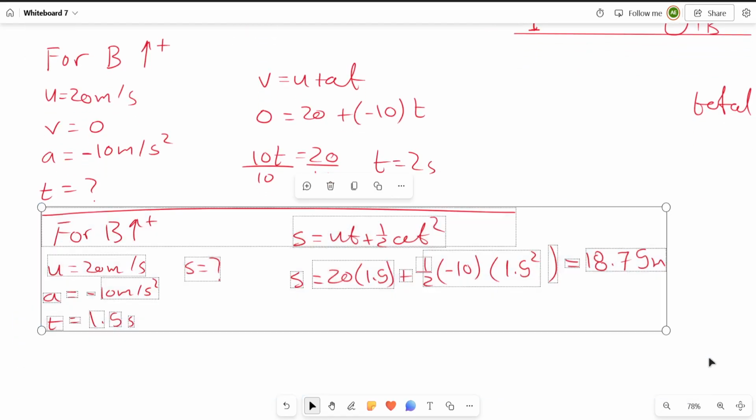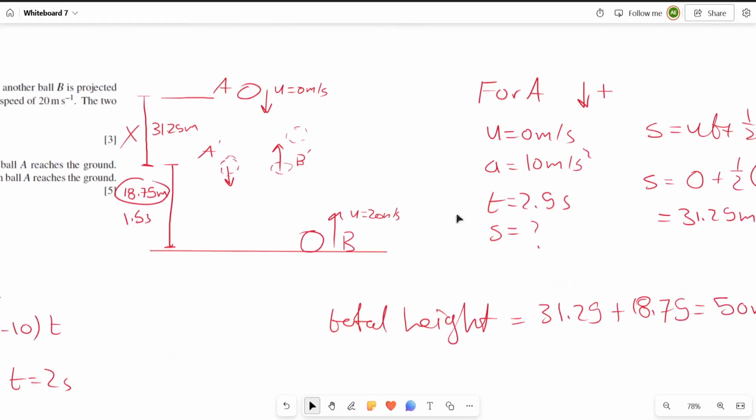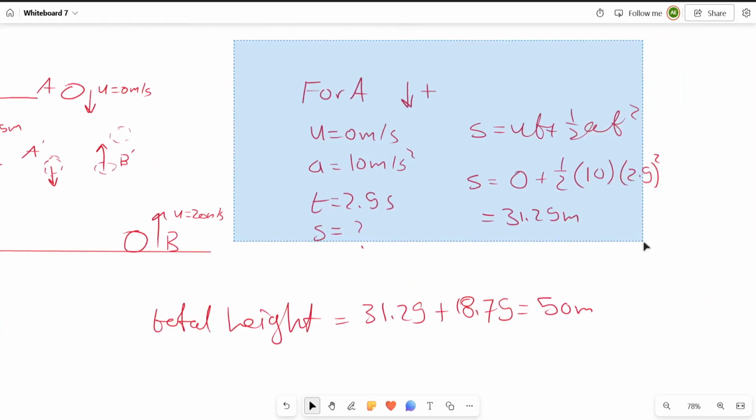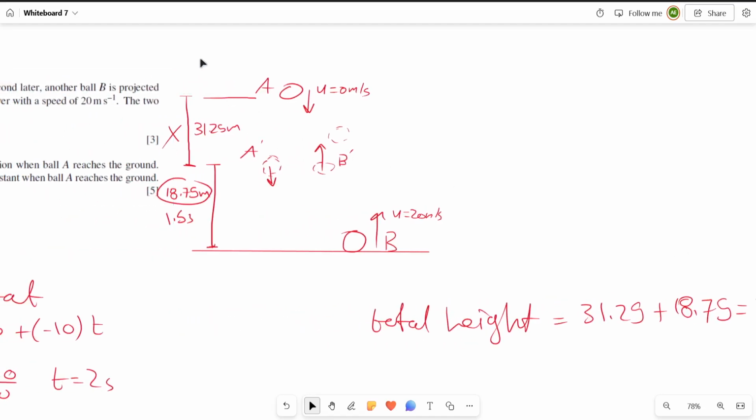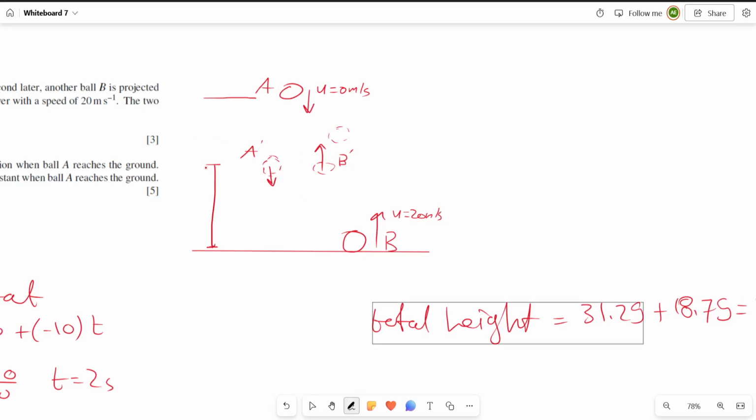Let's remove this part, and let's remove this part as well. We don't need it. Okay, so now we know that the whole tower is 50 meters in length. So we can erase all this and then say that the whole tower is 50 meters.